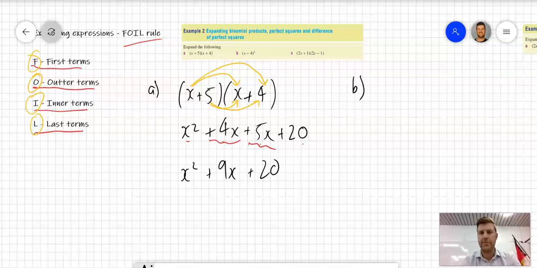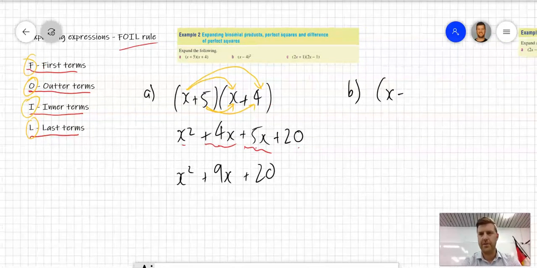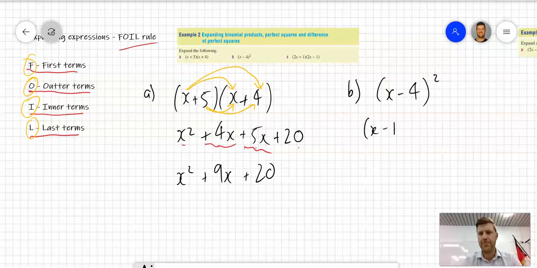But basically, this second example we're looking at is what we call a perfect square. Essentially, it's just one bracket squared. I can write that as a binomial product. So x take 4 squared is actually x take 4 times x take 4. And then I can use my FOIL rule. So the first term in each bracket is multiplied.